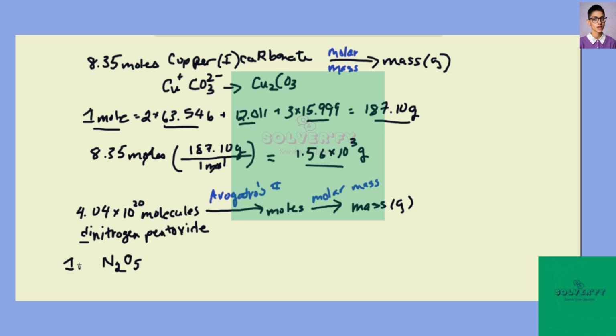So we can find our molar mass, just like we did up above, by multiplying 2 times the molar mass of nitrogen, 14.007, plus 5 times the molar mass of oxygen, 15.999, or 1 mole is equivalent to 108.01 grams.